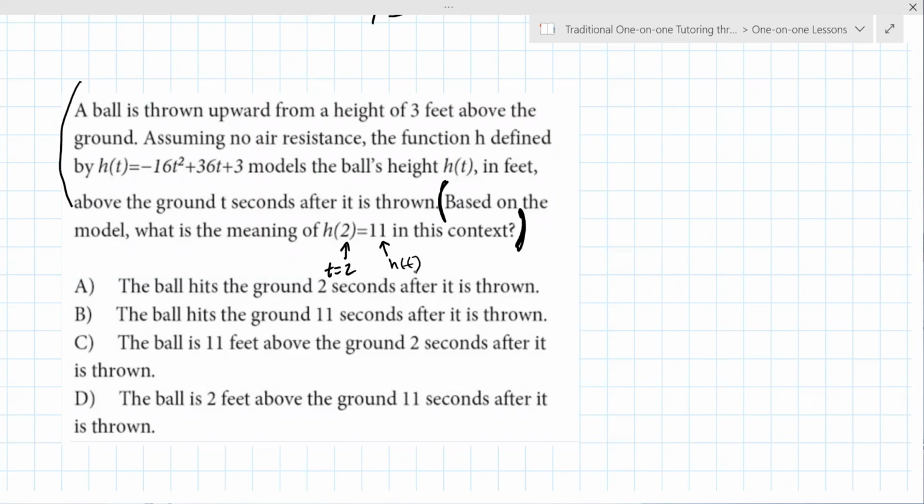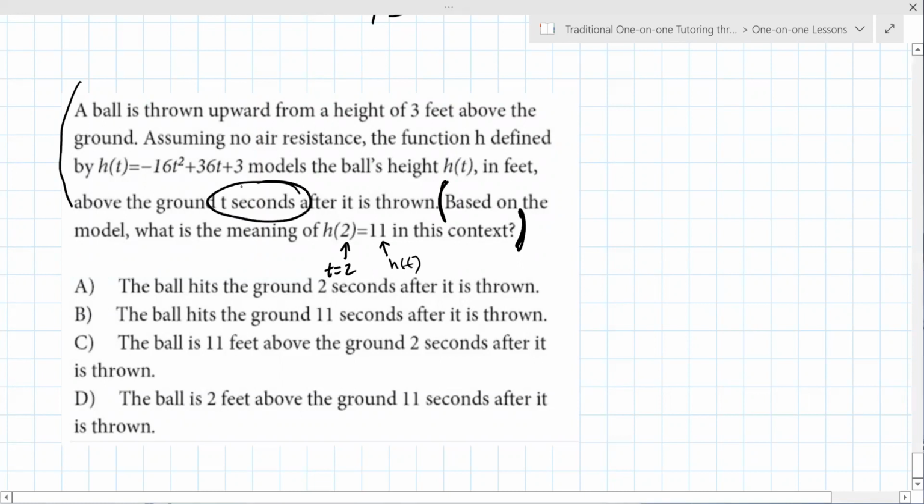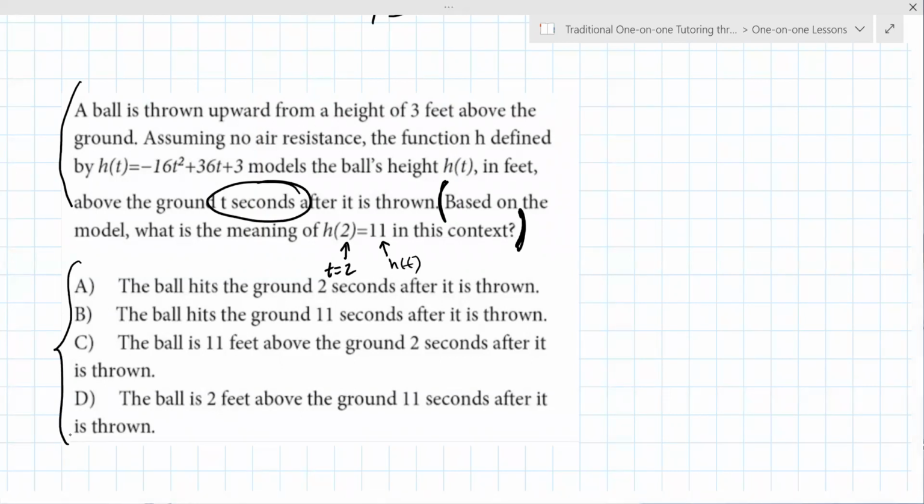Seconds. So t is time, right? So it's 2 seconds. So look at the answers and which ones have 2 seconds in it. A does, okay, so it could be A. C does, and D does.